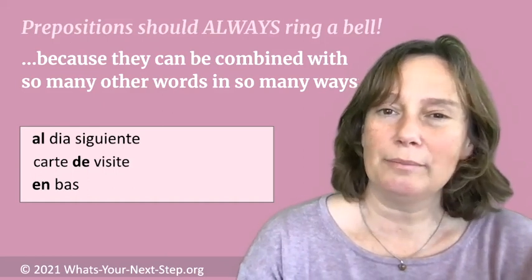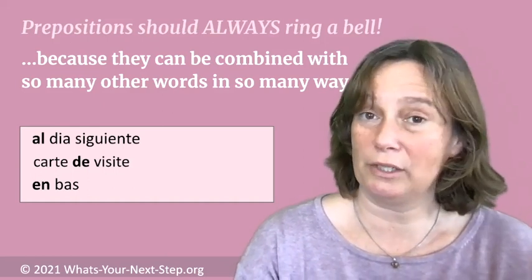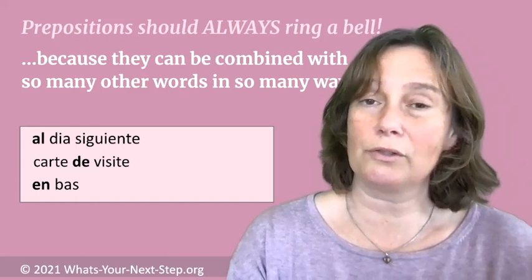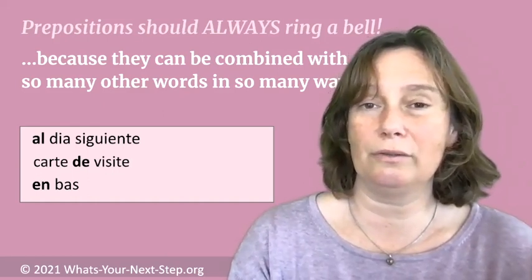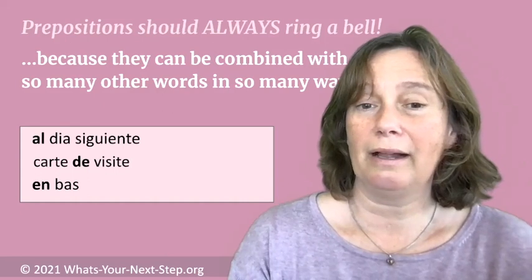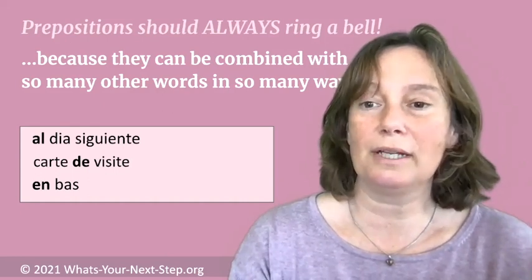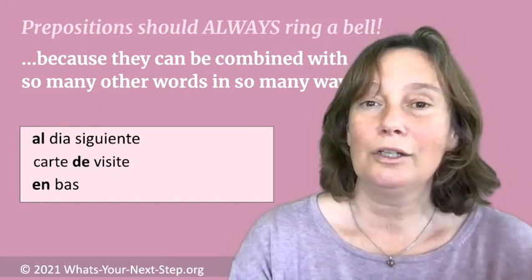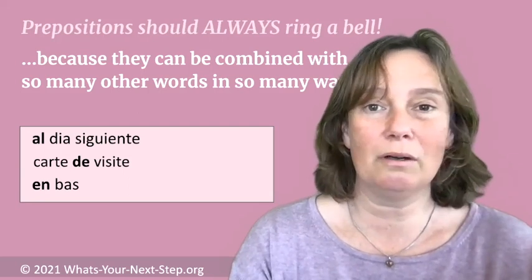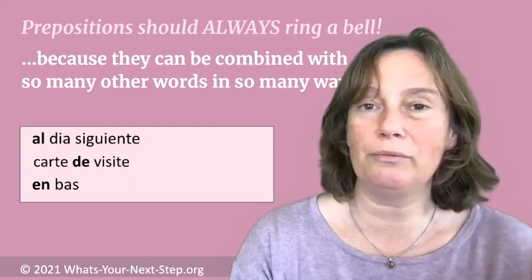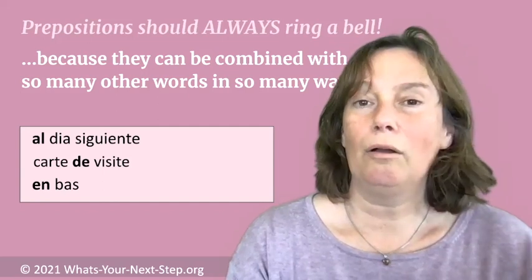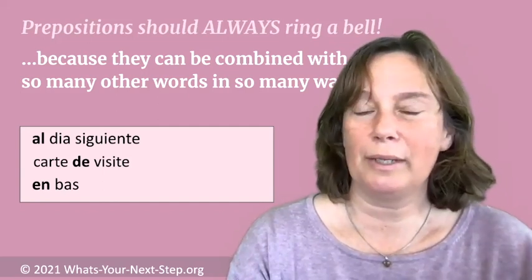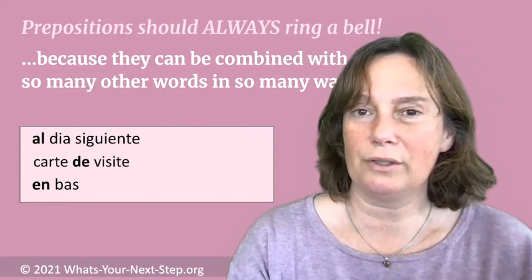And sometimes a preposition is used in Spanish, for example, and will not have a translation in English. Like al día siguiente, which would be the next day and not at the next day, or carte de visite would be a business card, so it will not be found in the translation. And en bas also doesn't have a preposition in the English translation.